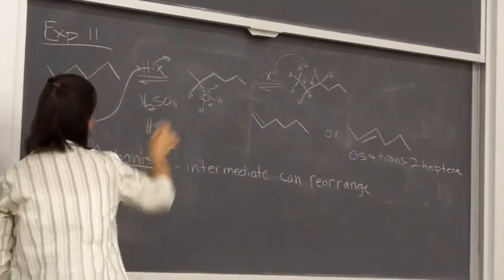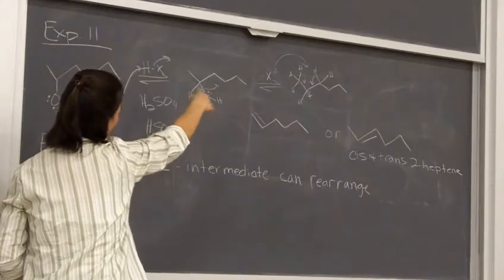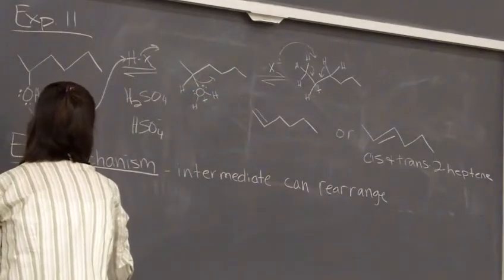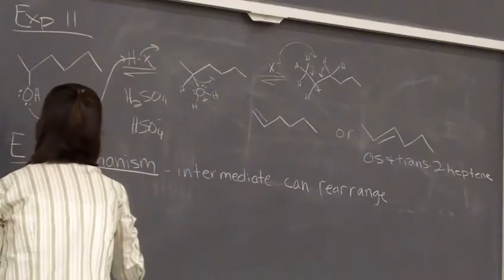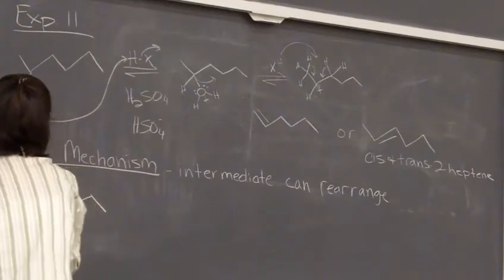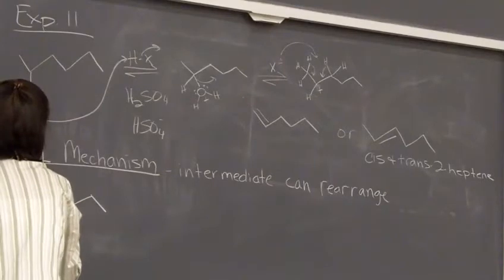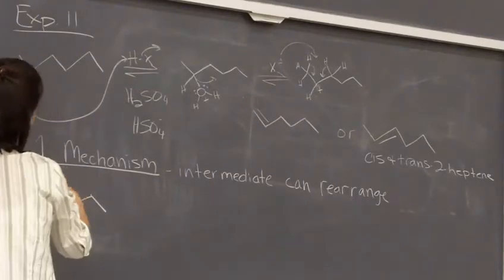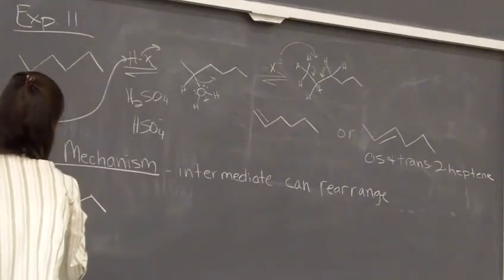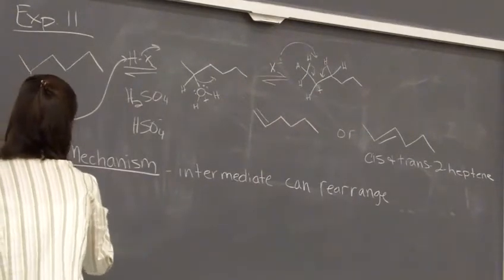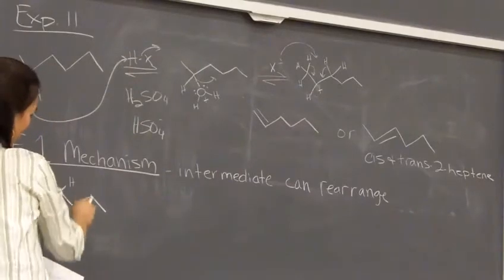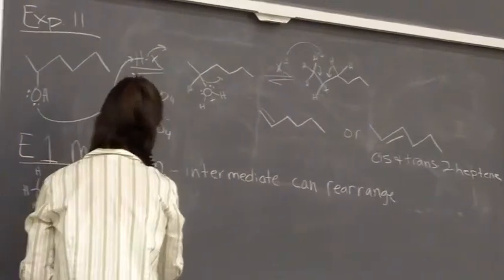So if we look at our intermediate here, where we form our carbocation, if we draw all our hydrogens on there, and we've got our carbocation that formed here, what we can do is a hydride shift, and we can move that carbocation.